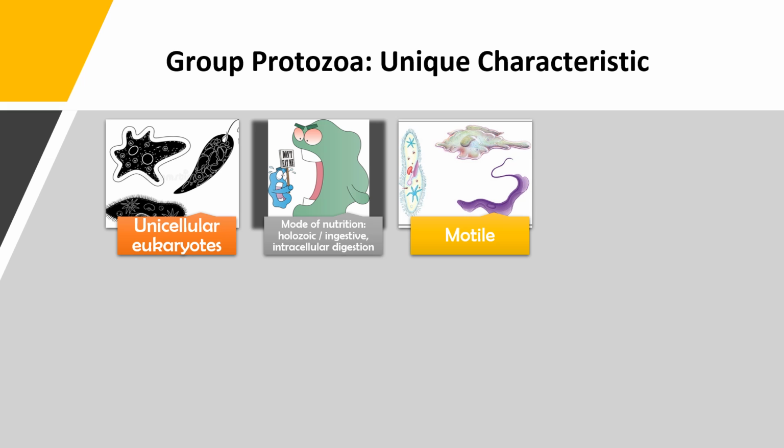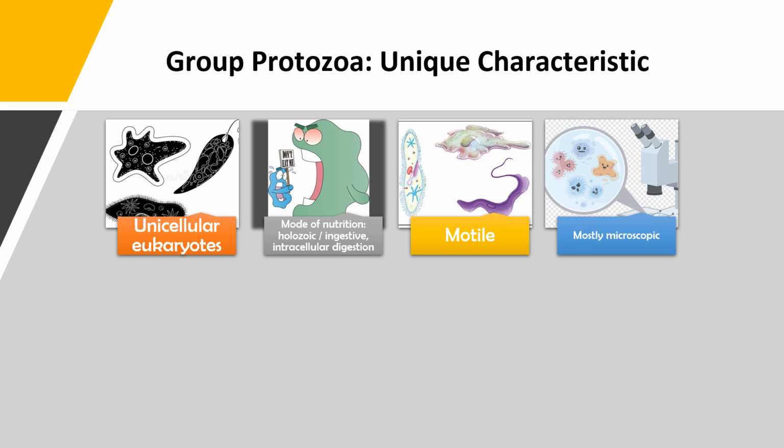It means that it can move by several structures, depending on the organism. For example, paramecium moves by cilia, whereas amoeba moves by pseudopodium, and there are also some protists that move by flagella. And most protists are microscopic, even though there are also a few, very few examples of protozoa that are not microscopic.